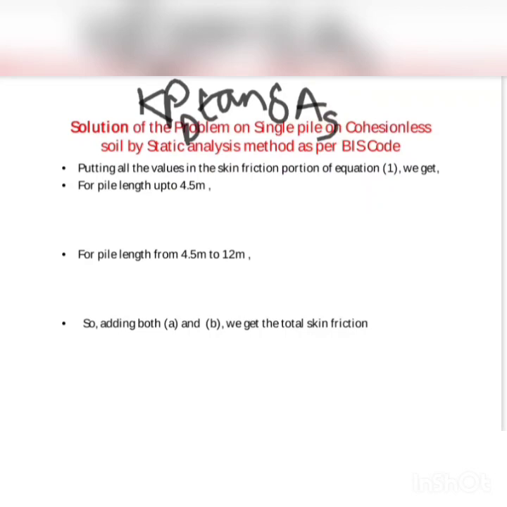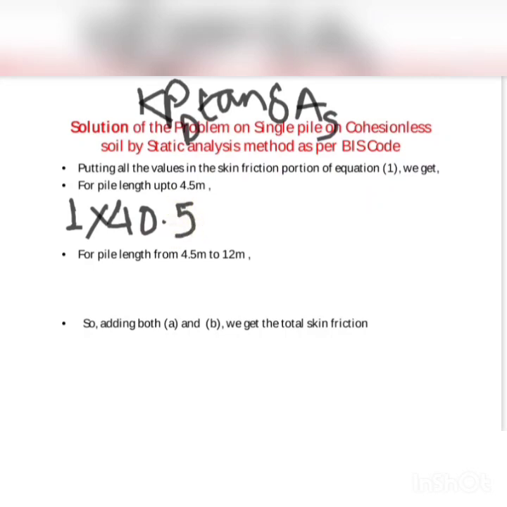This is actually the standard formula. So for pile length up to 4.5 meter, what we find? The value of K is 1 into P suffix D. For up to 4.5 meter, it is 40.5 as we have found out.